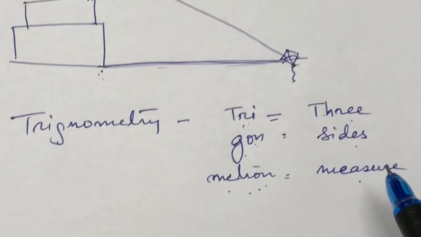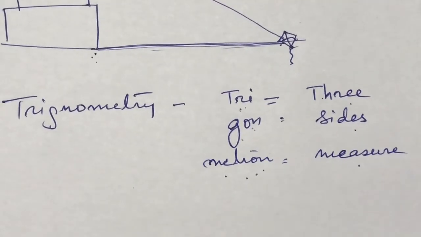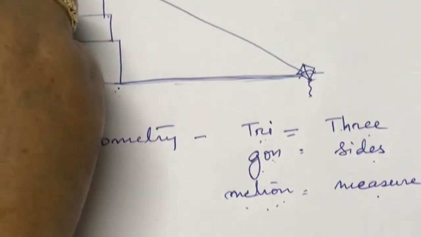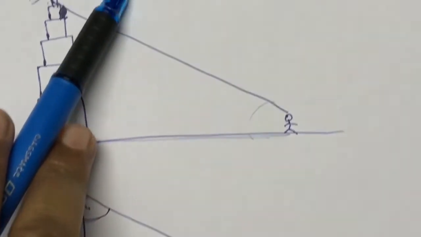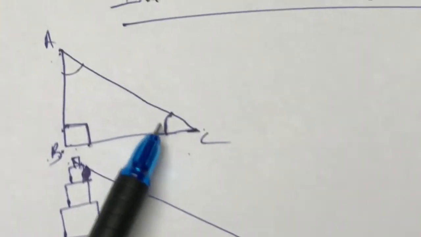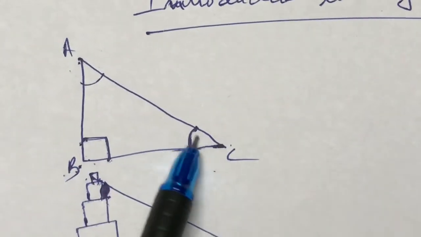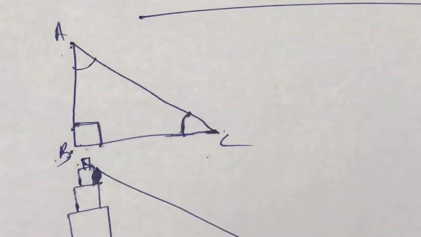In fact, it is the study of the relationship between the sides and the angles. What is trigonometry? It is the study of the relationship between the sides and the angles. Clear?